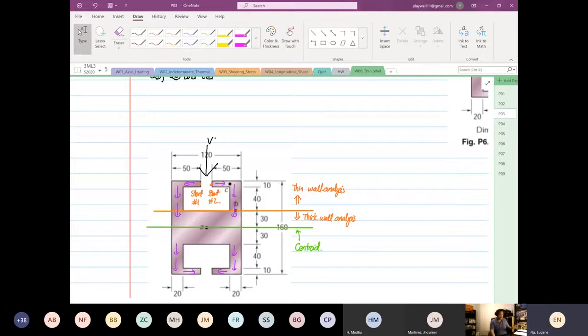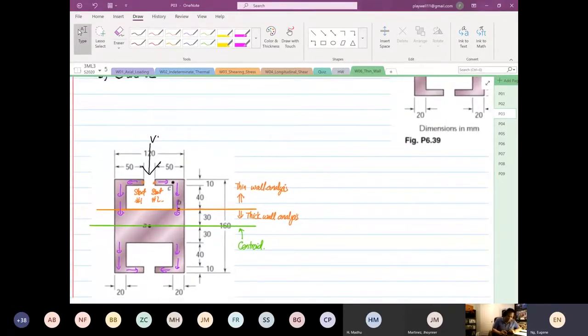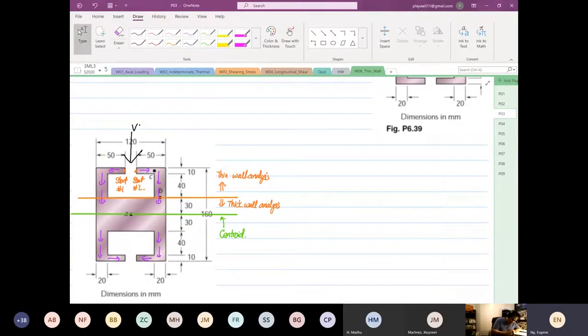Okay, now let's try this out. We're going to remember our 5 rules again. The analysis starts from outside in, right? So we are going to look at our shear stress at point C. So this is going to be thin wall, wide flange analysis.